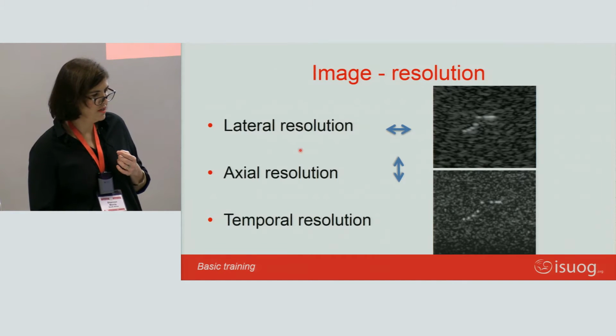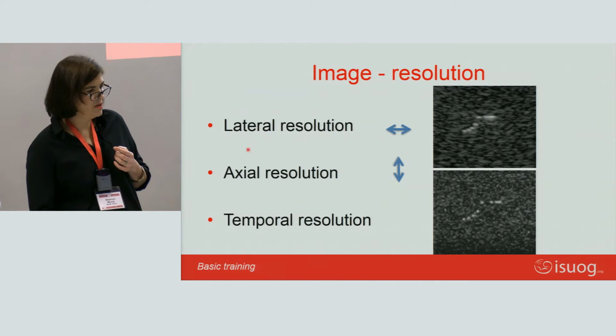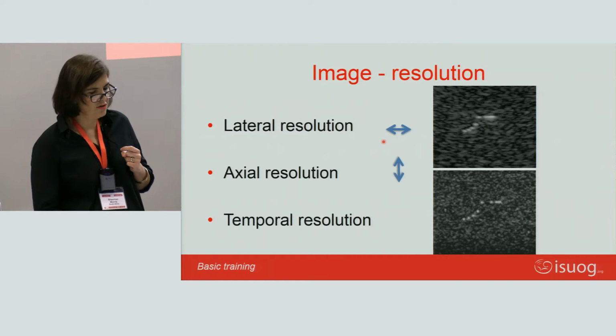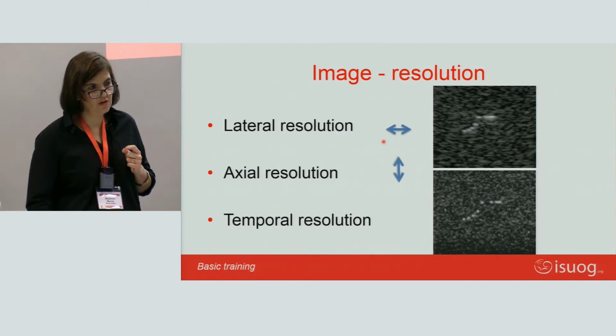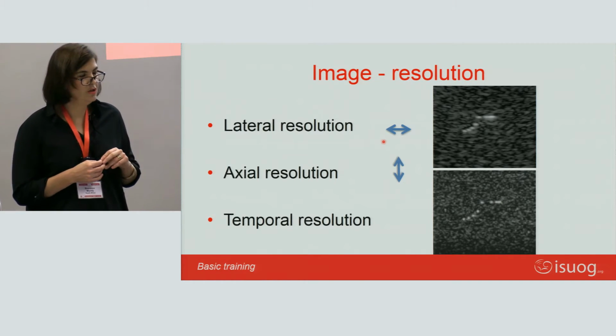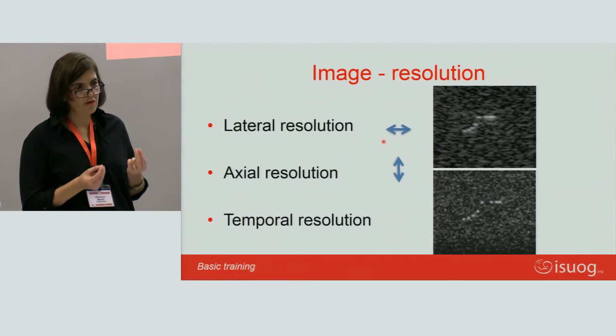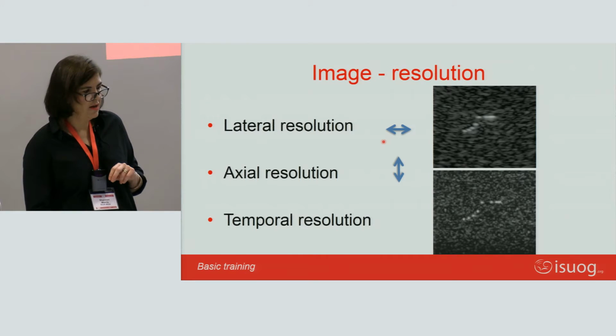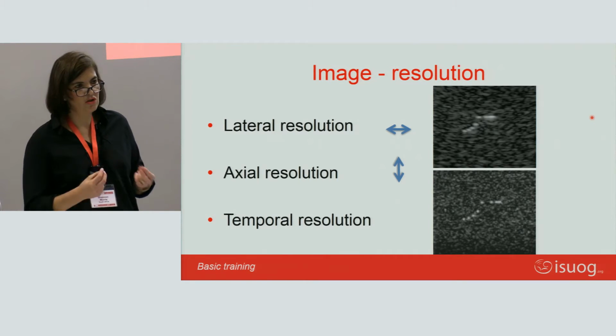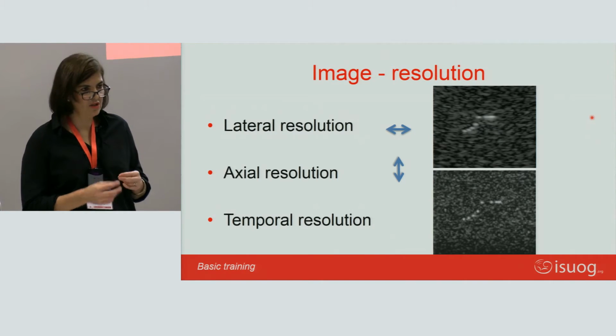The first that I want to spend some time on is called lateral resolution. That is the capability of the ultrasound machine to distinguish between two pixels on the screen in the same width as two separate structures.